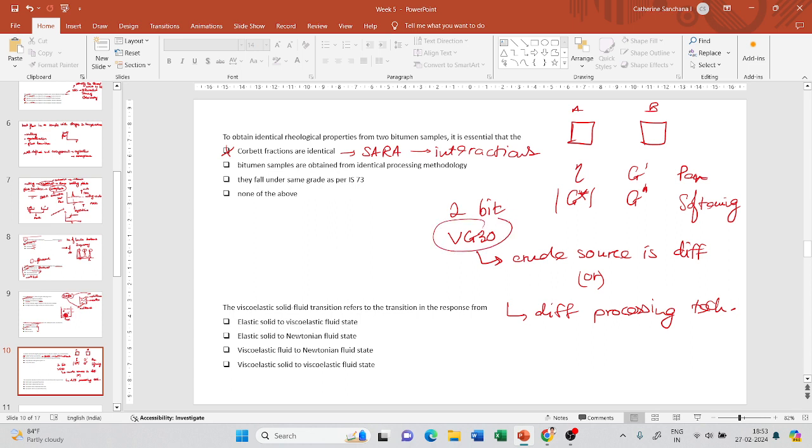So how will I identify VG30 bitumen? It is identified as per IS 73, right? And here, by rheological properties they are considering only rheological properties, not consistency measures like penetration and softening point.